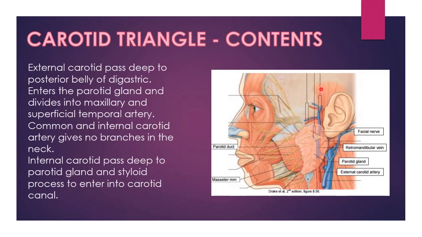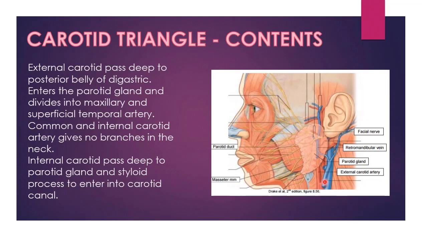Superficial temporal artery mainly supplies your scalp. Maxillary artery passes through the infratemporal fossa and then goes deeper through the pterygopalatine fossa and gives numerous branches which will supply a very wide area. Okay, so that is in short about the terminal branches.